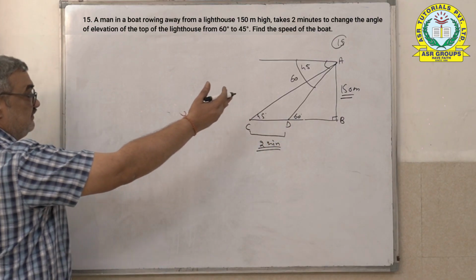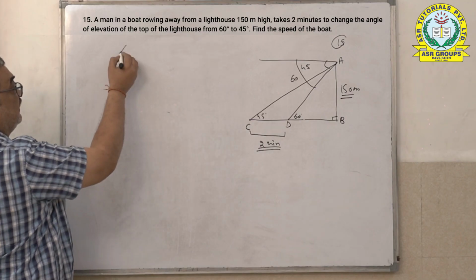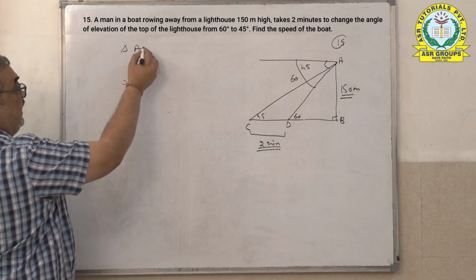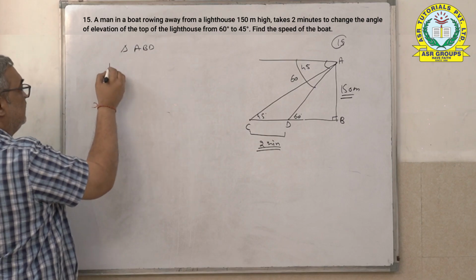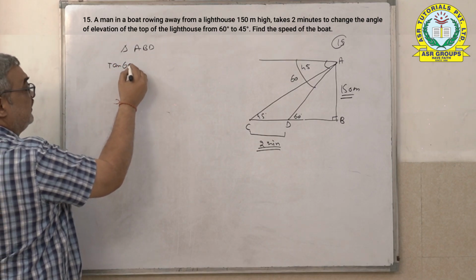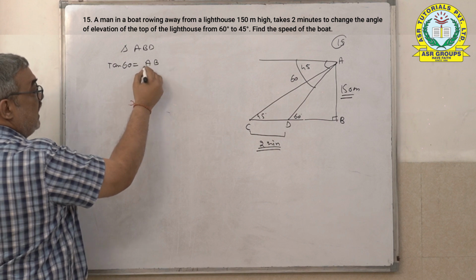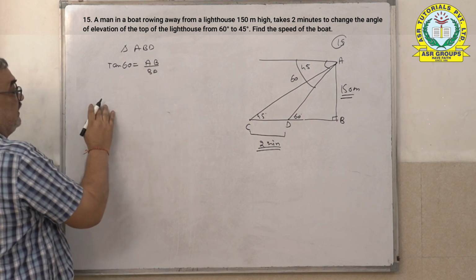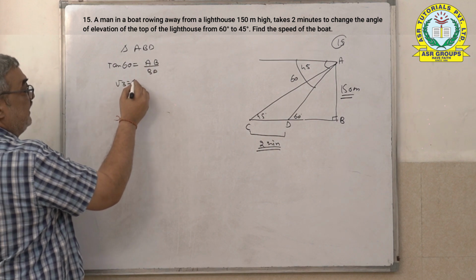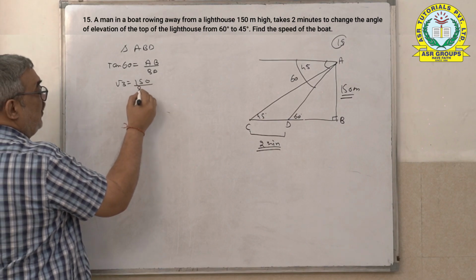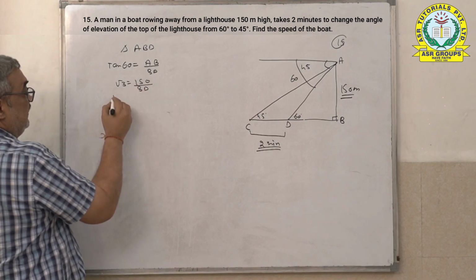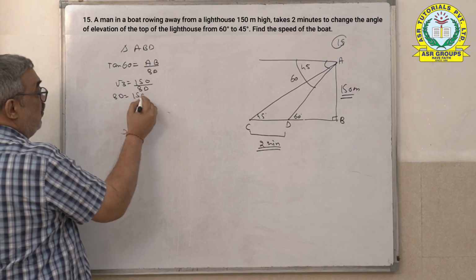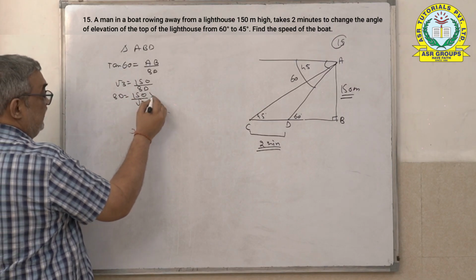So first I'll use triangle ABD. Tan 60 is AB upon BD. Root 3 is 150 upon BD. BD is 150 upon root 3.